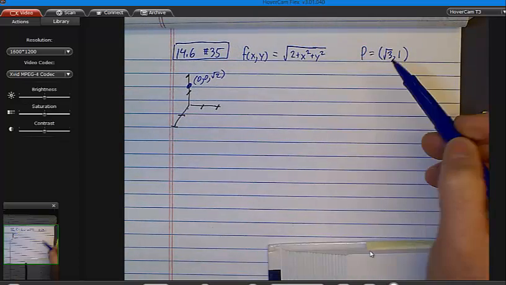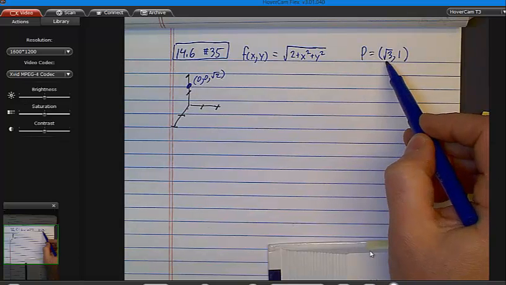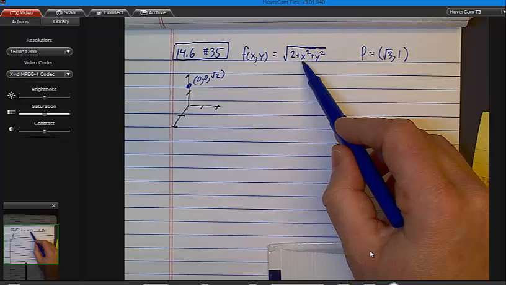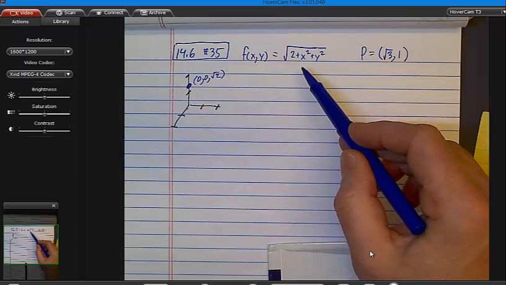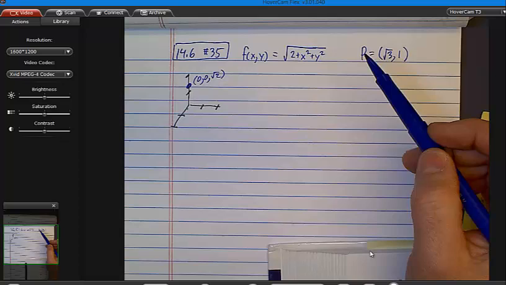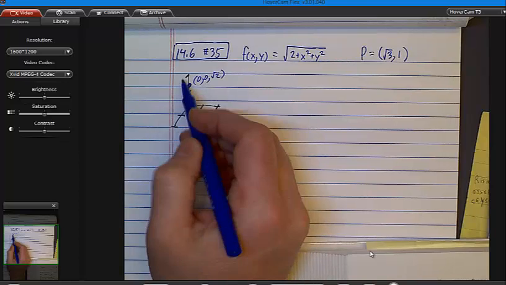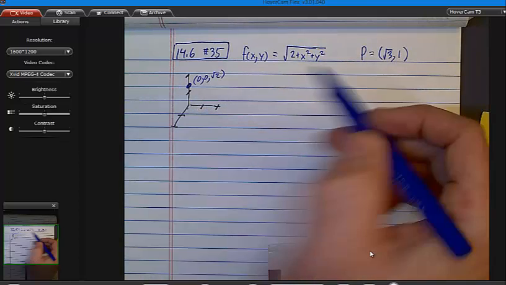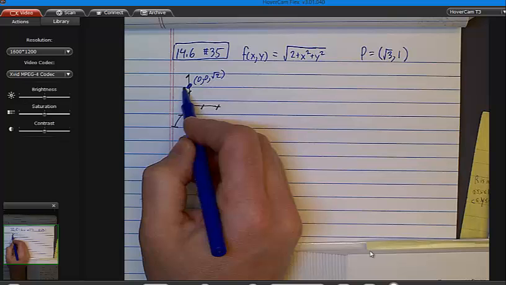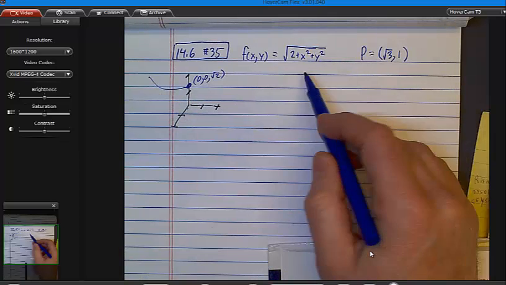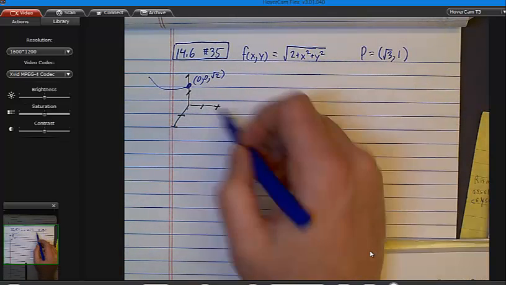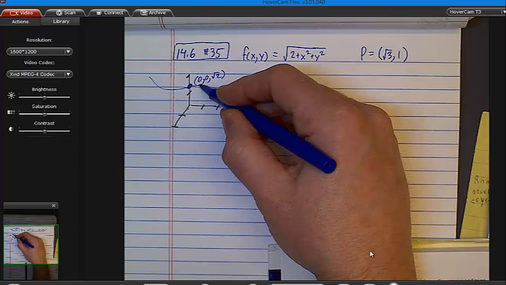If I plug in the square root of 3 for x, when you square that, that becomes a 3. So you might get up to the square root of 5. Oh, so this is the minimum value, right? Because if you throw in anything for x, it becomes higher. So it kind of swings up. And then in the y direction, if we go up to 1, it'll swing up, but not quite as high.